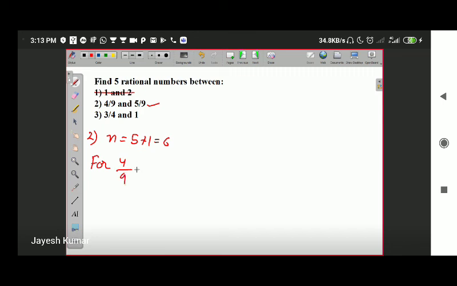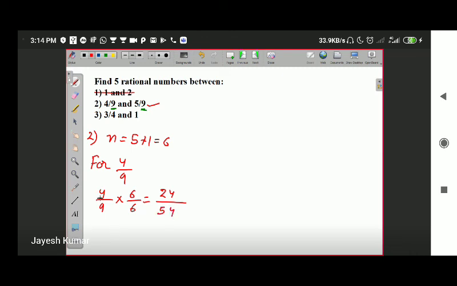Let's observe the denominator of both the numbers. For both the numbers, the denominator is the same. If the denominator is the same, then what do we do? We multiply numerator and denominator by 6. We get the result 24 upon 6 nines are 54.